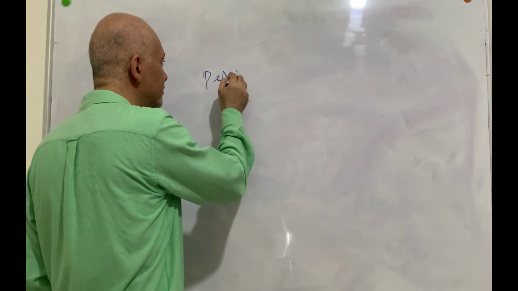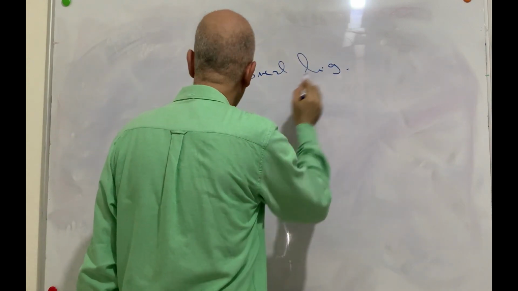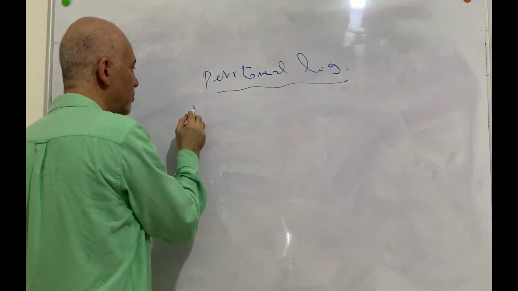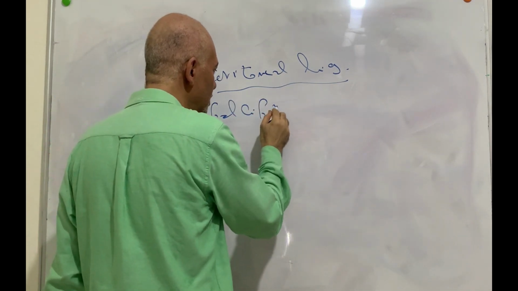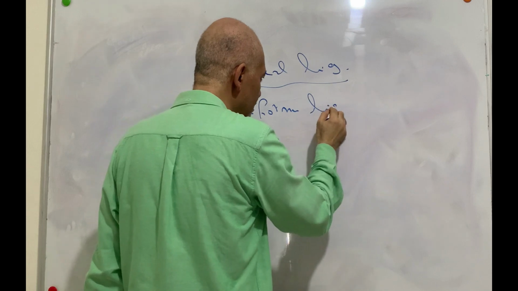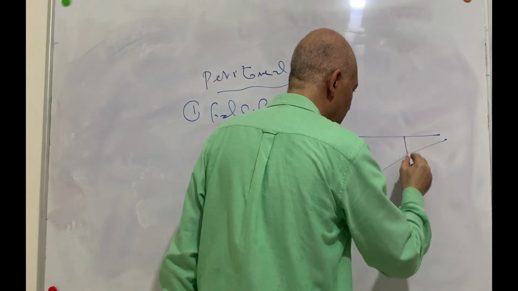The peritoneal ligaments: number 1, the falciform ligament, which separates the right lobe and the left lobe from the front.